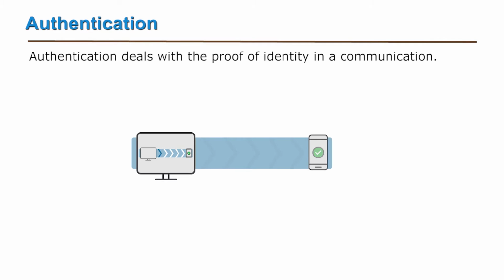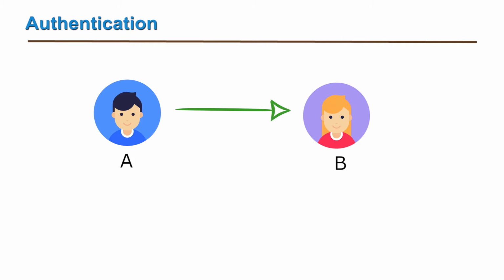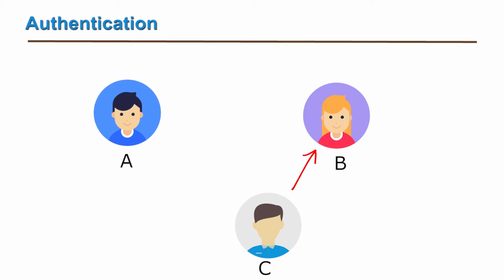Authentication ensures the origin of the message. When this is compromised, it leads to an attack called fabrication. That is, instead of A sending a message to B, C may send as if it is A to B. So, lack of authentication leads to such a scenario.